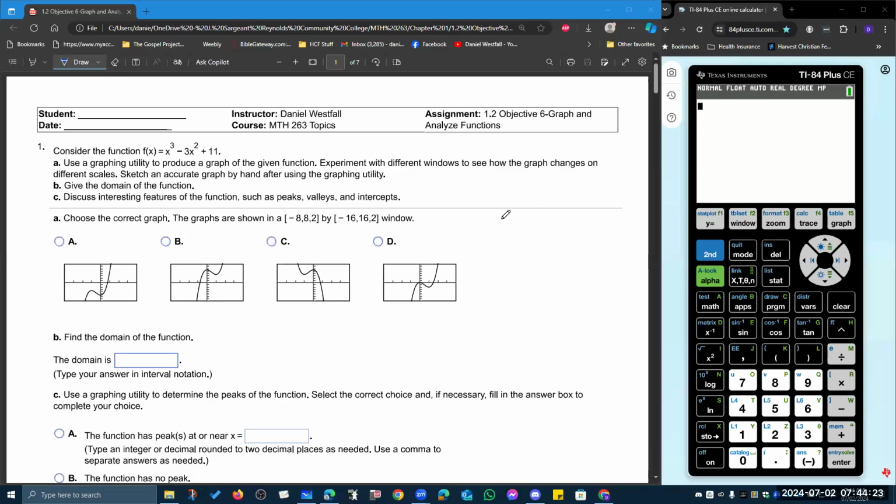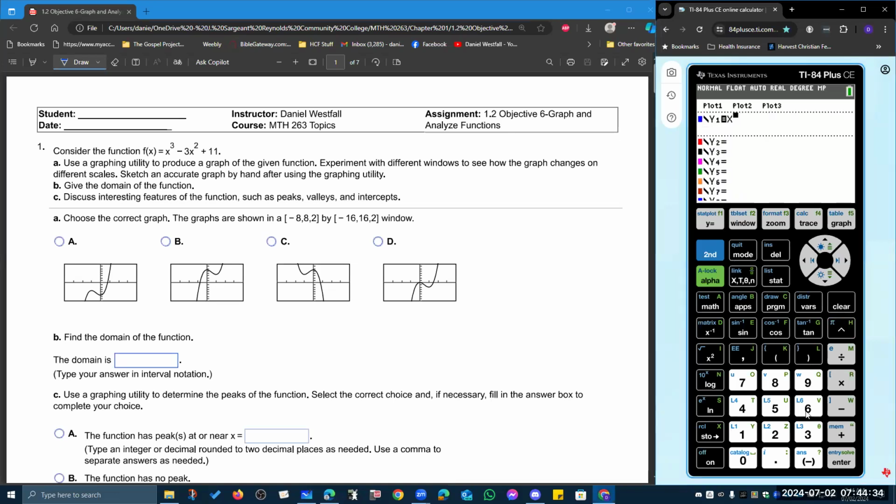In this video, we're going to talk about 1.2 Objective 6, where we graph and analyze functions. Let's consider the graph of f of x is equal to x to the third power minus 3x to the second power plus 11.